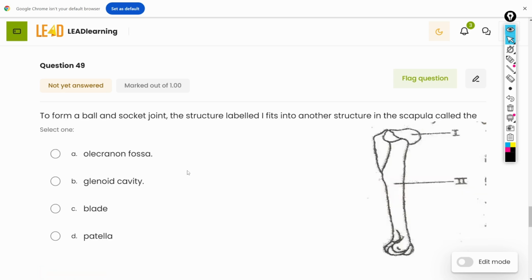Question 49. To form a ball and socket joint, structure label 1 fits into another structure in the scapula. The structure labeled 1 is the ball, and it's supposed to fit into a socket-like structure in the scapula.